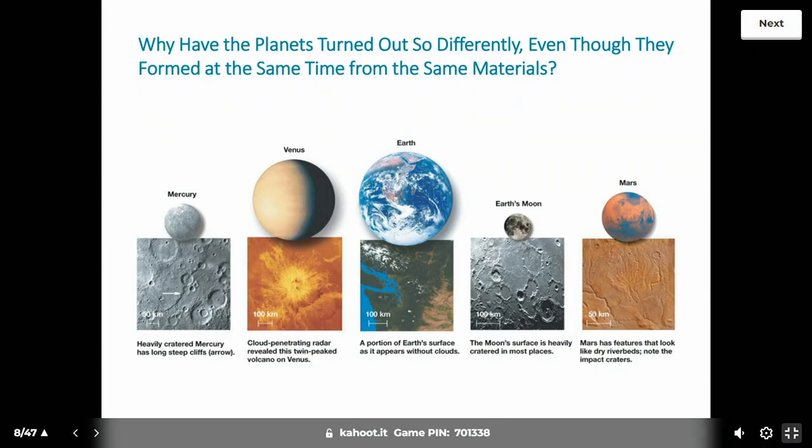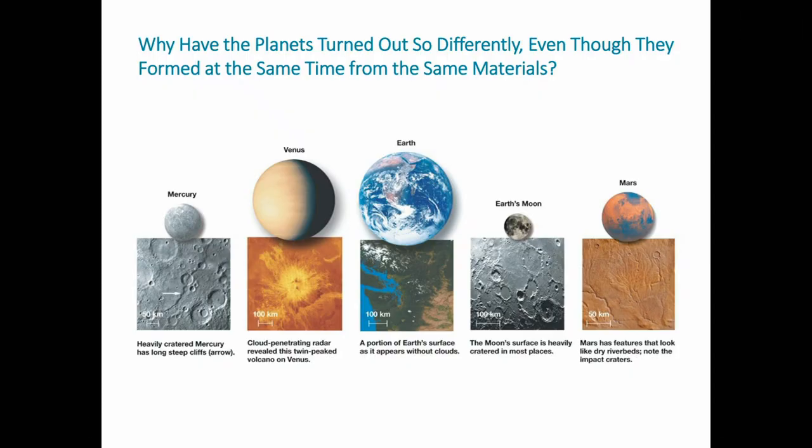So our goal is to try to understand why all of these objects, which should have formed around the same time at the beginning of the solar system, have different features. Especially the Earth: why is the Earth so active when all of the other rocky planets are seemingly not as interesting?